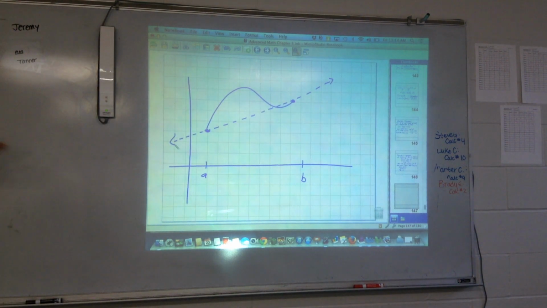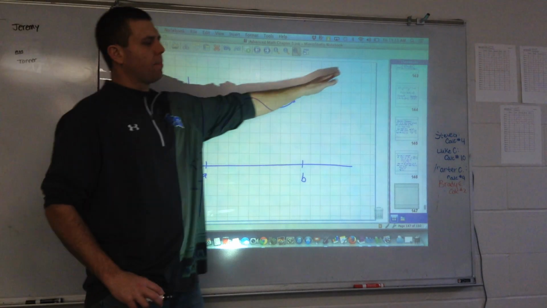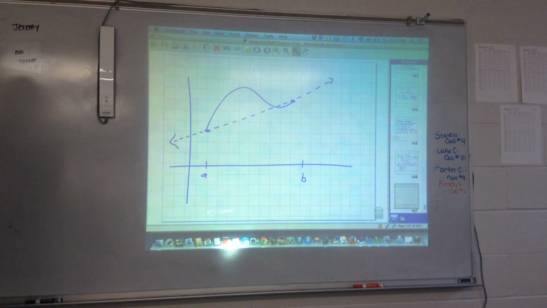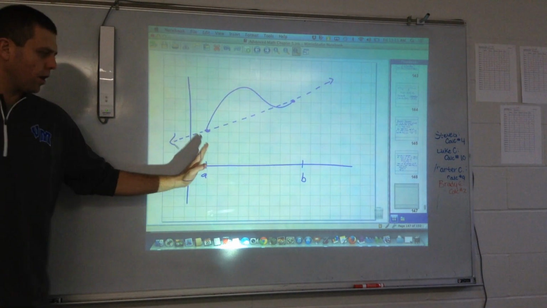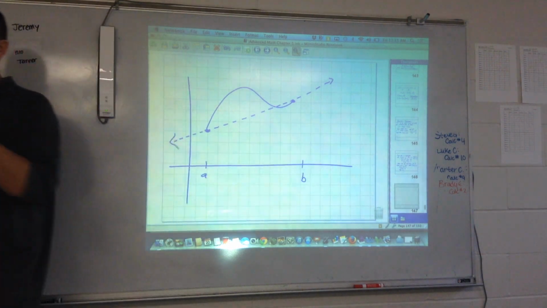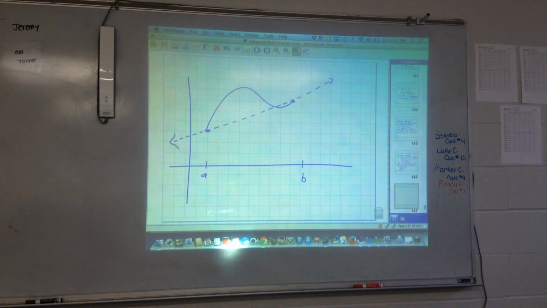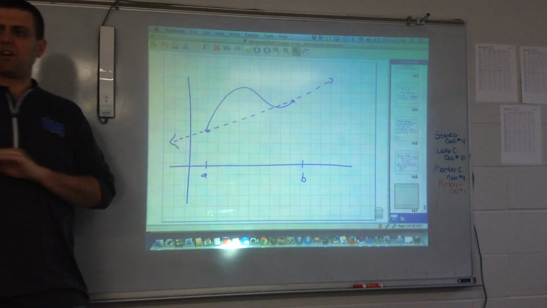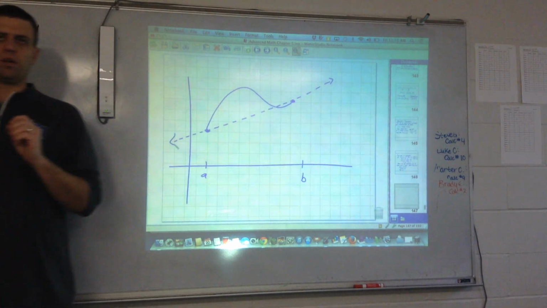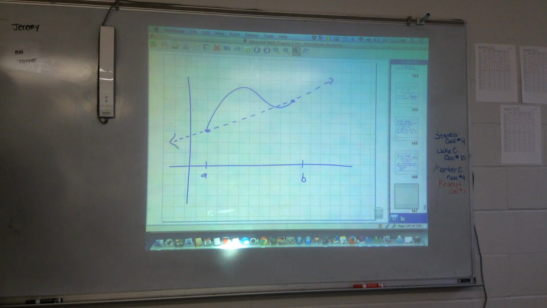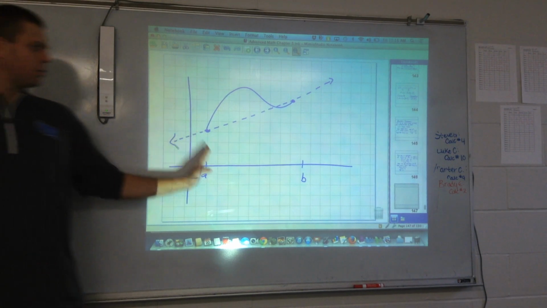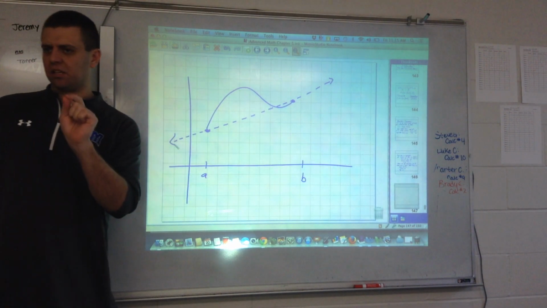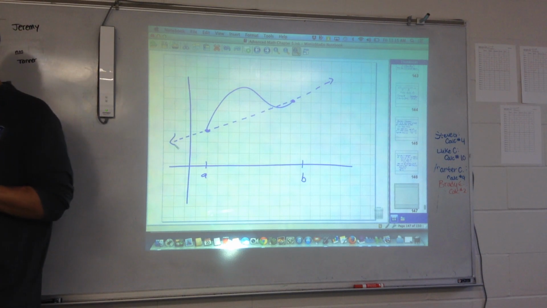Would you agree that if this slope represents our average rate of change, somewhere between A and B, our instantaneous rate of change would have to be that same number? If the slope of this line represents our average rate of change, wouldn't there have to be some point between A and B where our instantaneous rate of change is exactly the same?